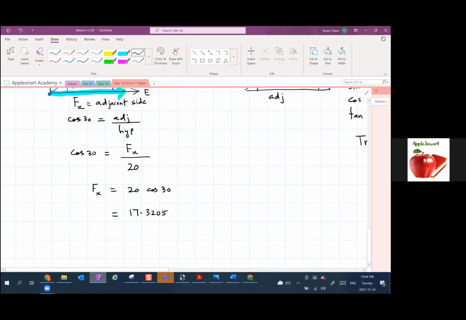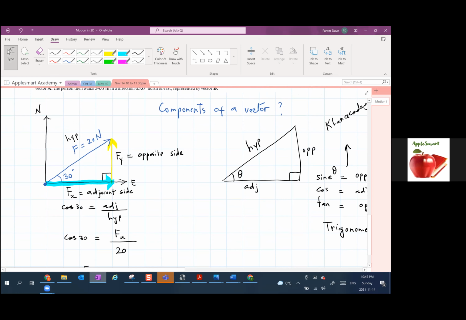Same way we can find out the upward push using the opposite side. For that, you do sine of 30. Now, sine of 30 is opposite over the hypotenuse. And so opposite, we have Fy over the hypotenuse, which is 20, and you have sine 30 over here.